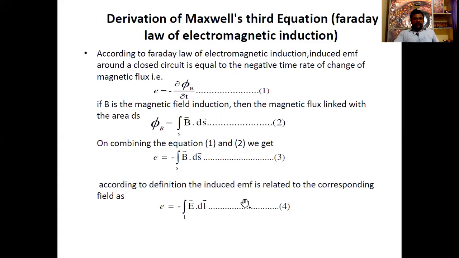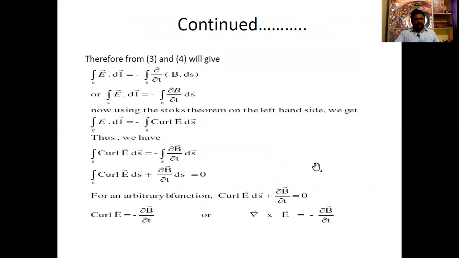But we have one more relation: according to the definition, the induced EMF is related to the corresponding field as E is equal to the line integral of E bar dot dl bar. This is the actual definition of electromotive force. By combining these two equations, we will arrive at the third Maxwell's electromagnetic equation.